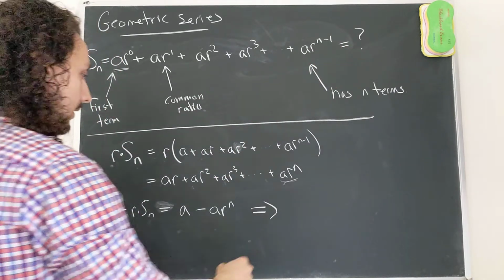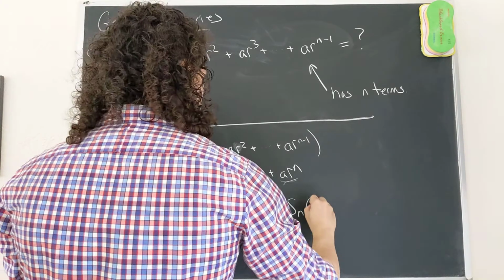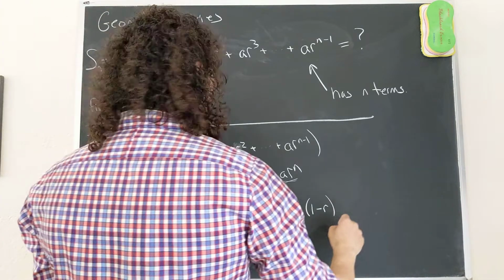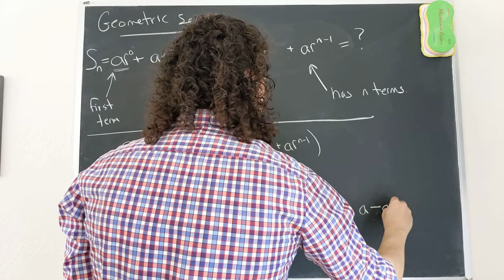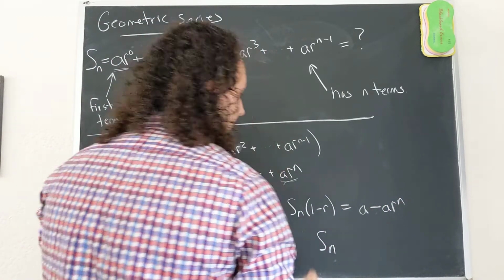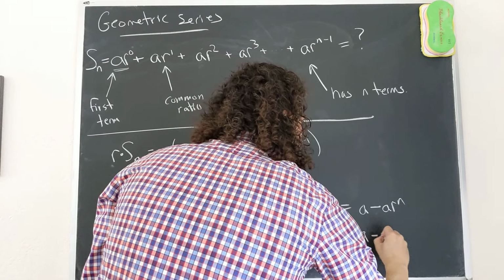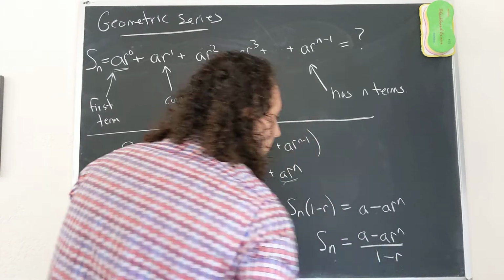So I can rewrite this as Sn times 1 minus r, by factoring out the Sn, equals A minus AR to the n. And then, provided that I'm not dividing by 0 here, I can solve: Sn equals A minus AR to the n divided by 1 minus r.